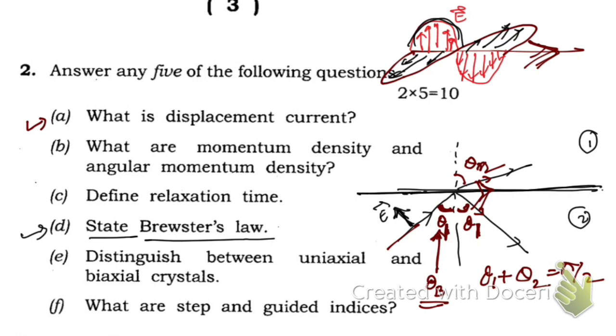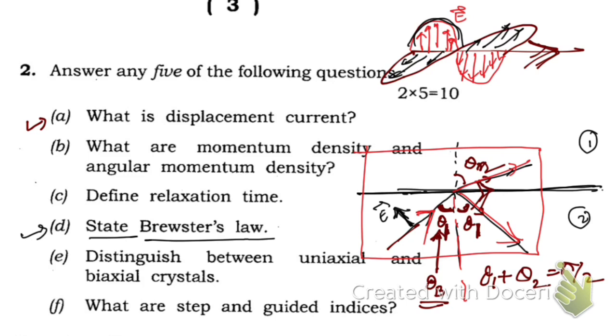Plane of incidence means the plane where these three waves, incident, reflected wave, and the normal, also the refracted wave, they all lie on the same plane, and that plane is known as the plane of incidence. And for you, the screen of the device you are using to watch this video is the plane of incidence.